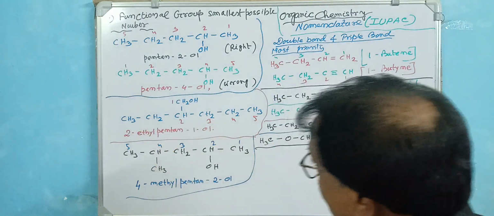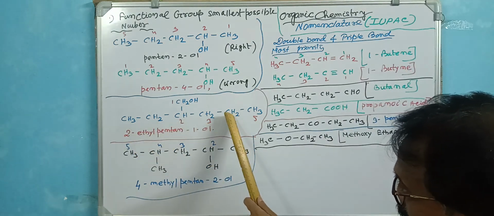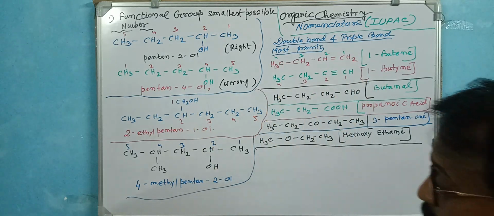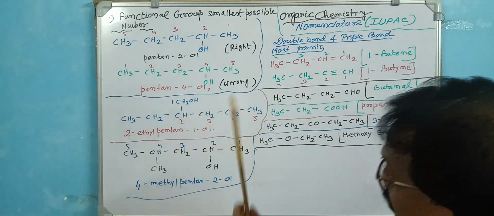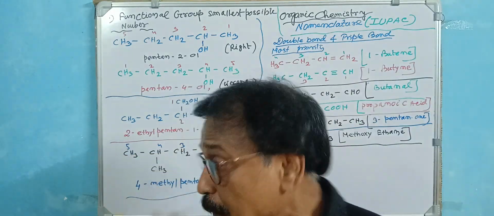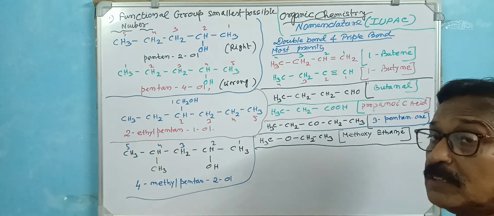Here is also a structure: CH3, CH2, CH, CH2, CH2, CH3. If you start from here, and the longest chain, okay, the functional group is attached here. The functional group always takes the lower position. If you start from here, 1, 2, 3, 4, the functional group is at the fourth position.